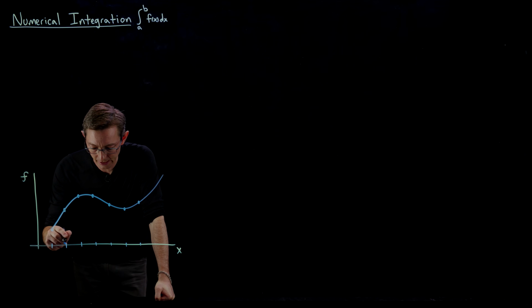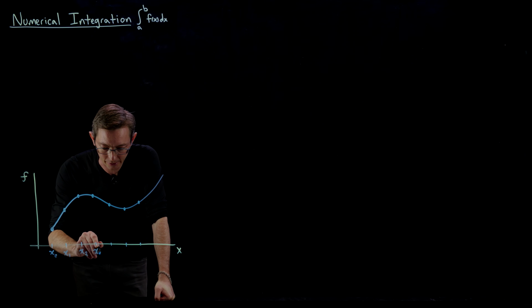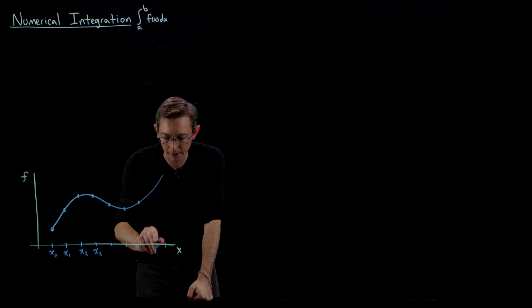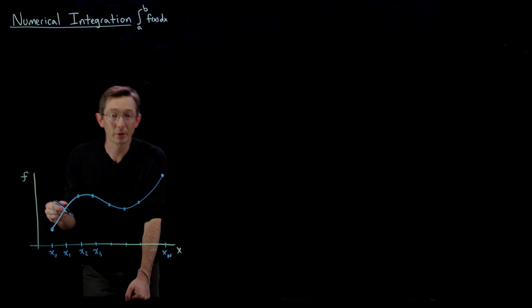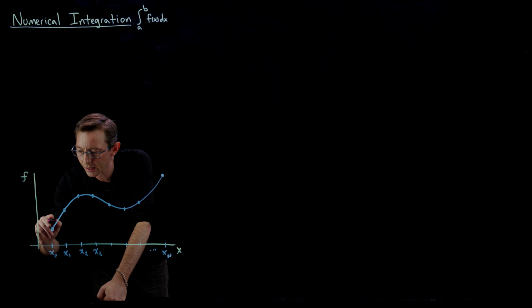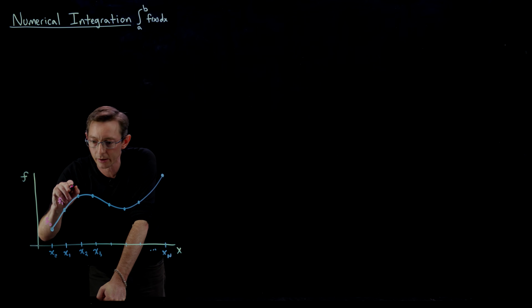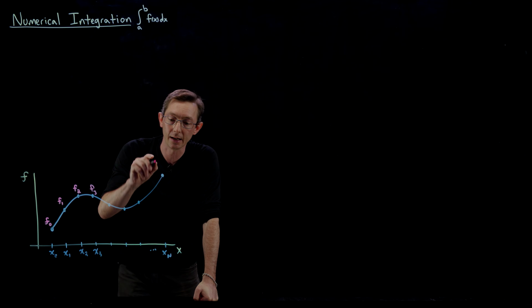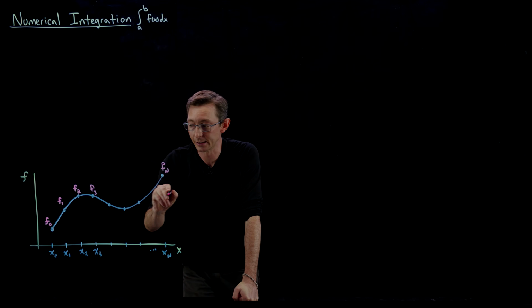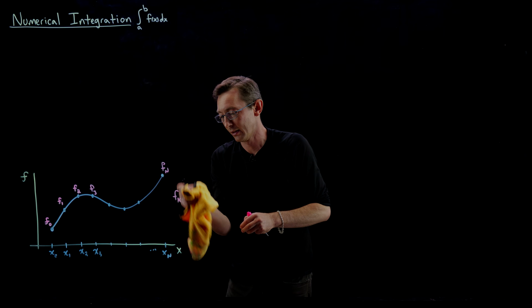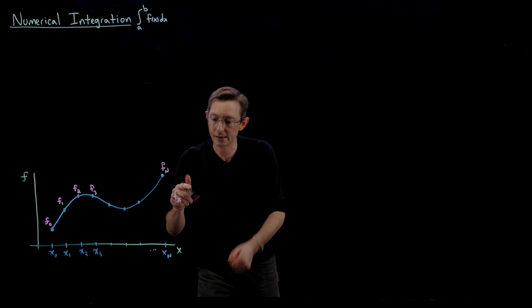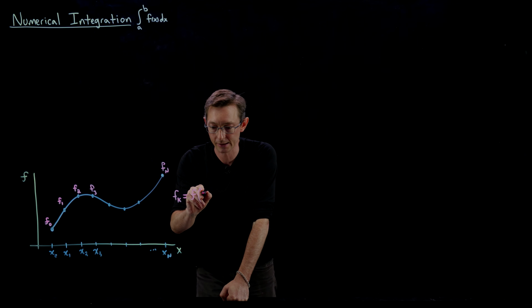So, just some notation. We're going to assume that our data is defined at points x0, x1, x2, x3, in this case all the way up to x big N. I'm going to similarly define my data points F0, F1, F2, F3, up to Fn, where Fk, for whatever k value, is just f evaluated at xk.